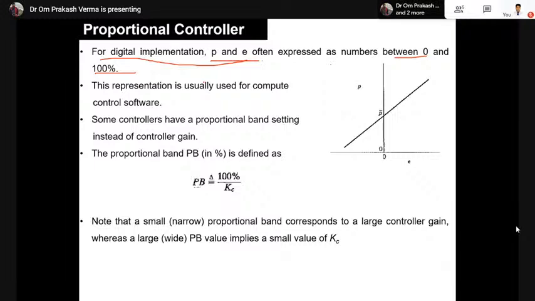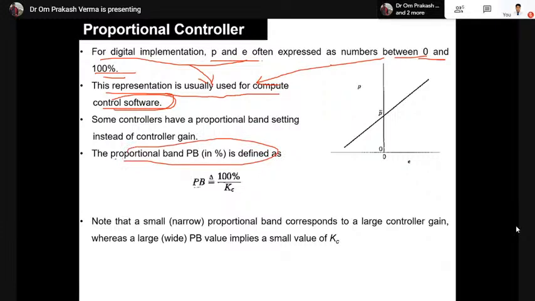So the final control element will receive in percentage terms what amount I have to open or close, how I have to respond. So that is given in terms of percentage, and this representation is usually used by computer control software.